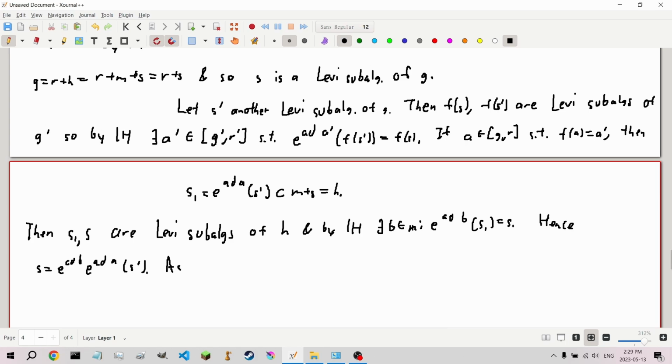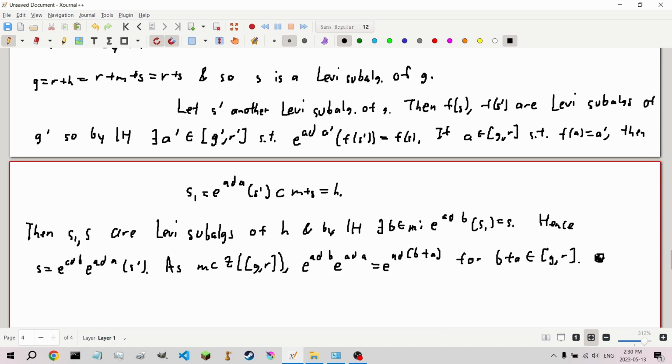And finally, as M is in the center of G bracket R, we can use the multiplicative rule on these exponentials and get e adjoint of B plus A, for B plus A being in G and R. Really should be "and", not "for", but whatever.